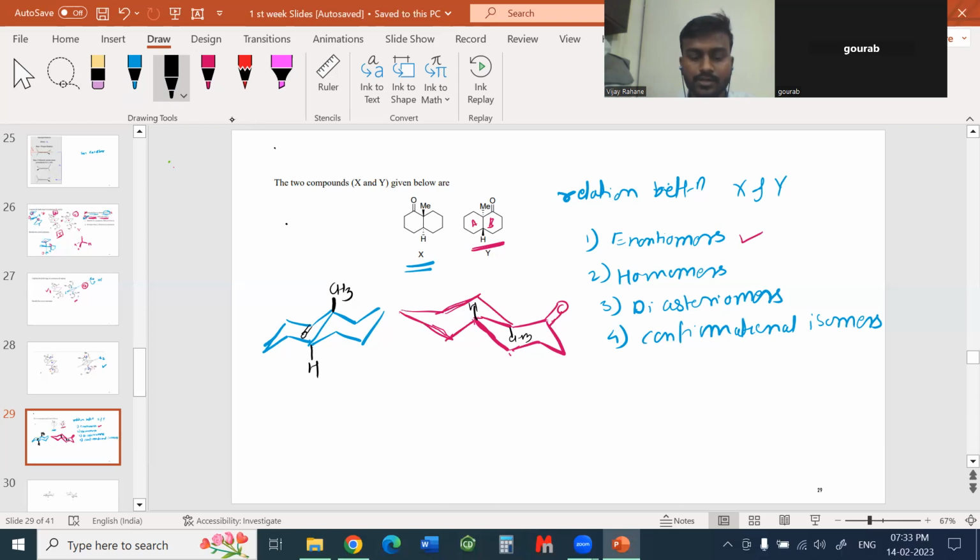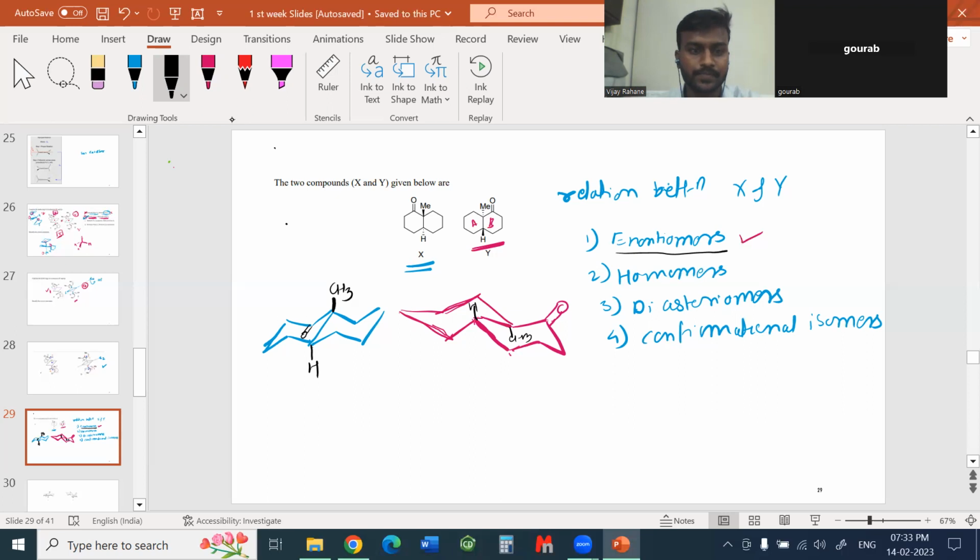So I have written this methyl group on the lower side. So here you can see, for enantiomers, they should be mirror images of each other. Whether these are mirror images of each other or not, we need to check.